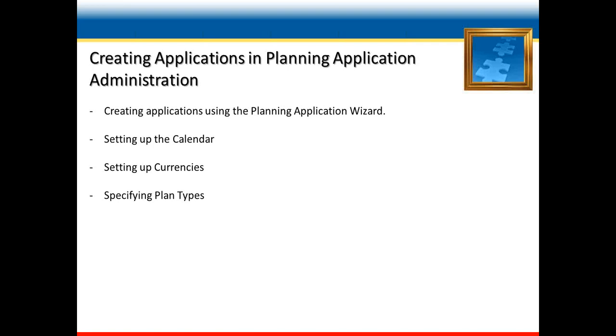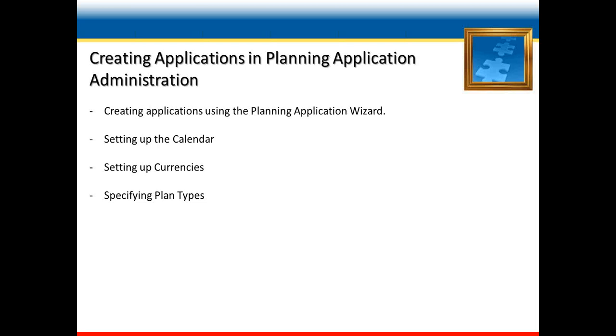So how can we create a planning application? We have the planning application wizard, which is used for creating applications. That wizard contains certain tabs like calendar, currencies, and plan types. In the calendar, generally there are two things that need to be defined before creating an application, which are the period and the year dimension.